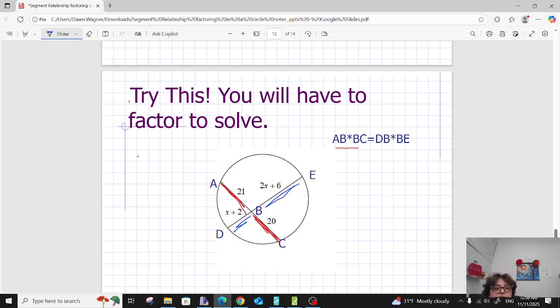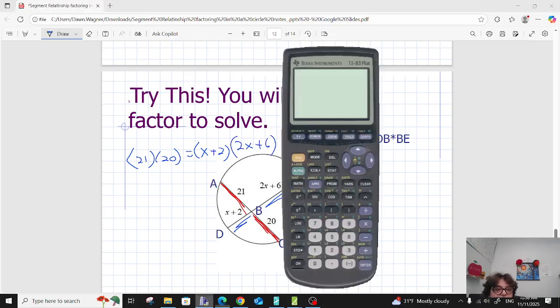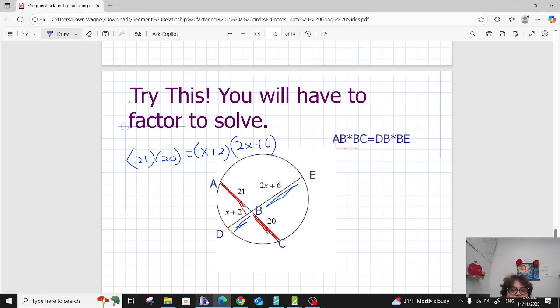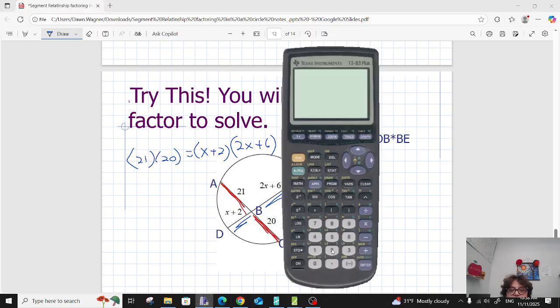So here you would do 21 times 20 has to equal x plus 2 times 2x plus 6. So, what is 21 times 20?